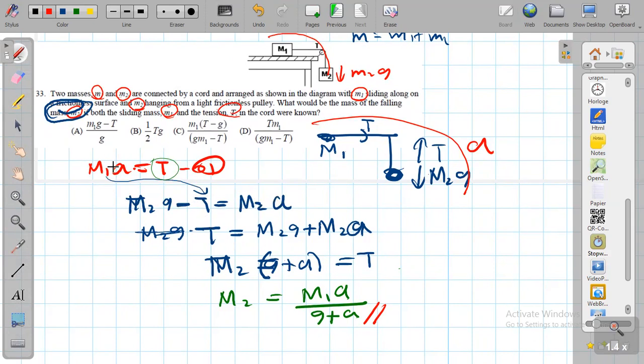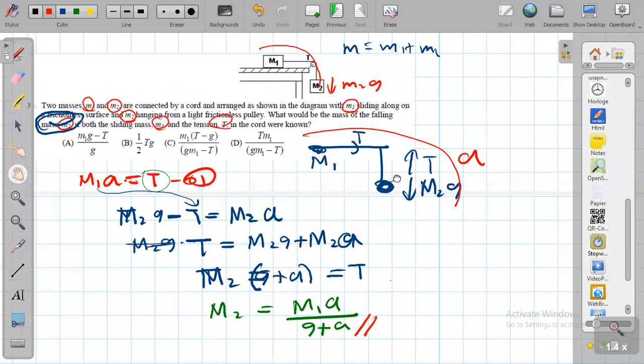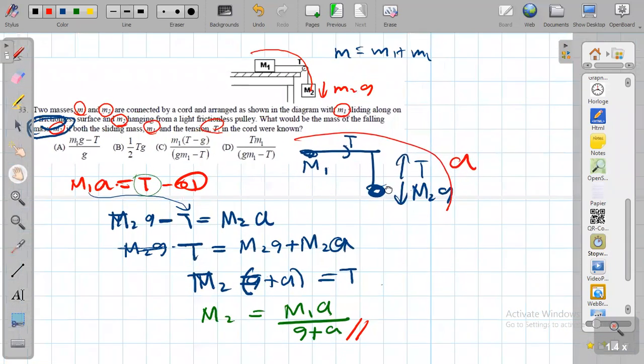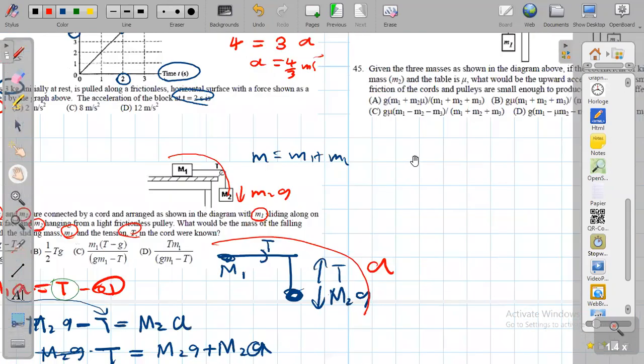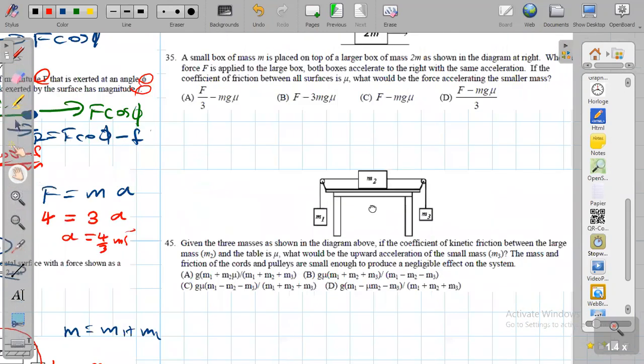Here the T is like M1A is just equals T because no friction. Once we substitute, the tension is gone, so this is the only answer we can get. So there is a problem with the answer. If I have to check my workings, that might be a problem with the answers there.